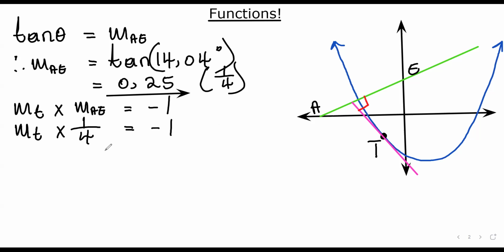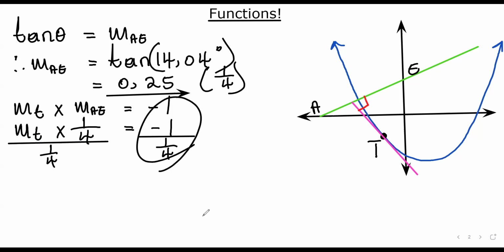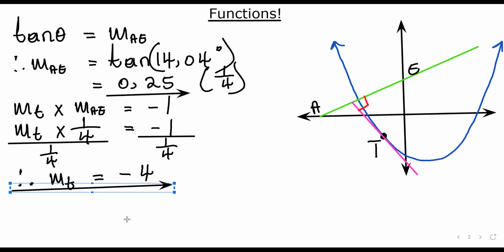So dividing both sides by 1/4, -1 divided by 1/4 is just going to be a solid -4. So now we know the gradient of the tangent. But then you need to remember something that is terribly important.